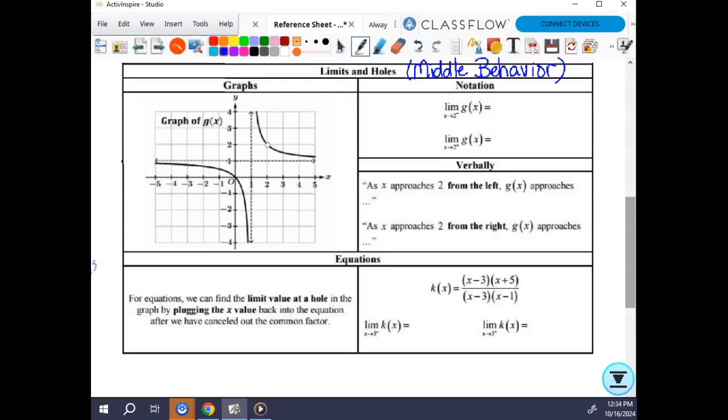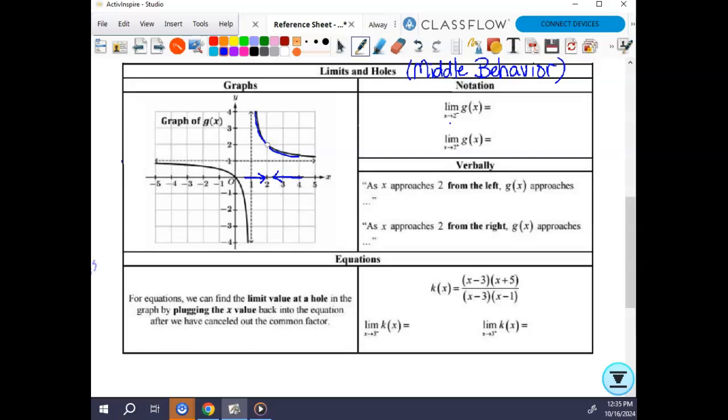How do I know what I'm looking at? Because I look at what this says. As I'm approaching 2 from the left. Well, my vertical asymptote's at 1, so that's not what we're talking about. Horizontal asymptote, we'd be talking about infinity. That's how I know to ignore all that. As x approaches 2 from the left, y is approaching that hole. As x approaches 2 from the right, the y value is approaching that hole.